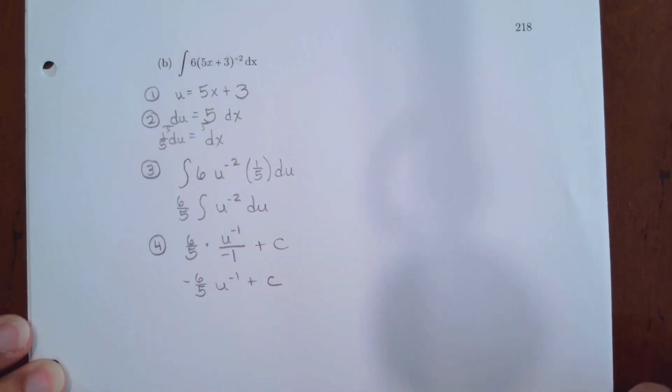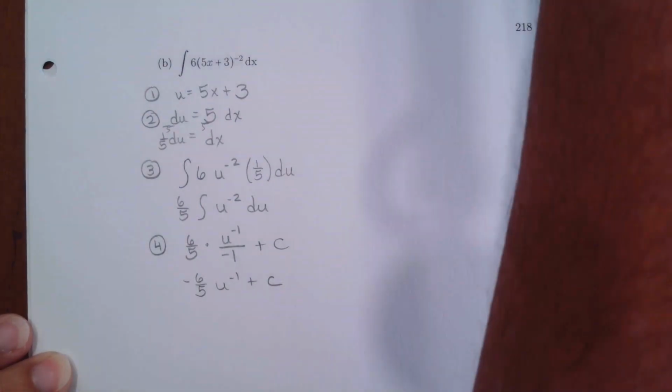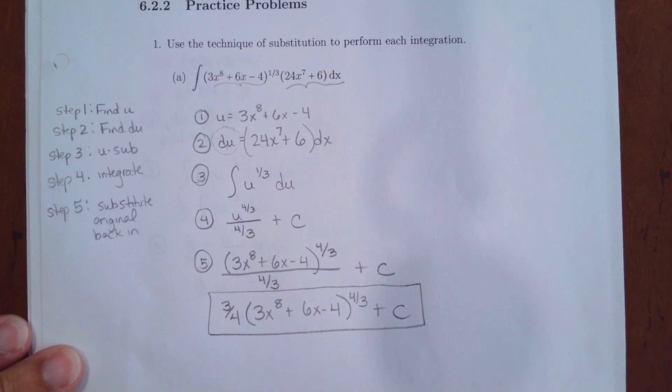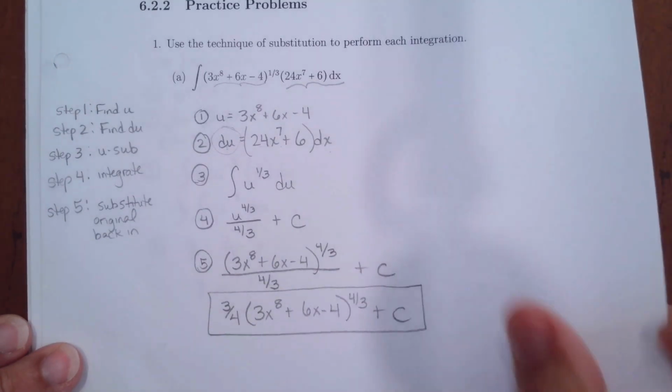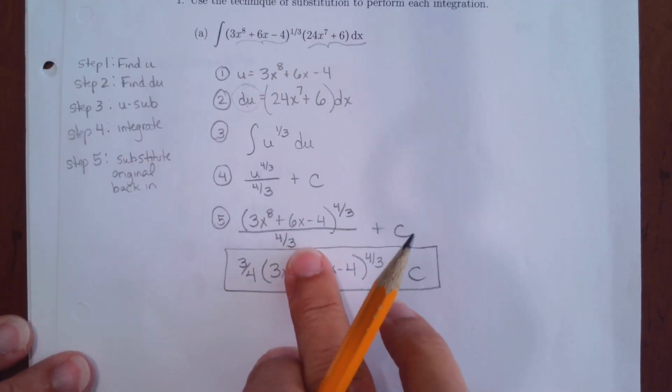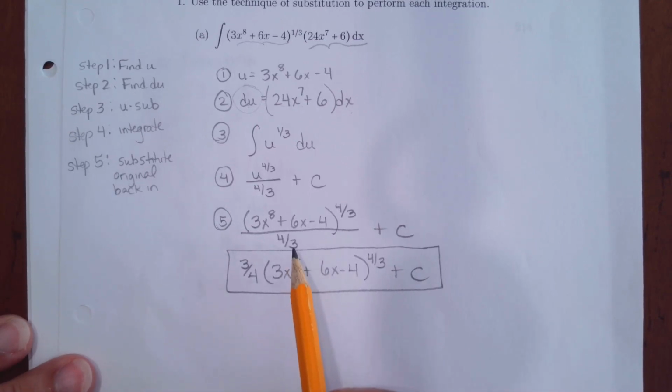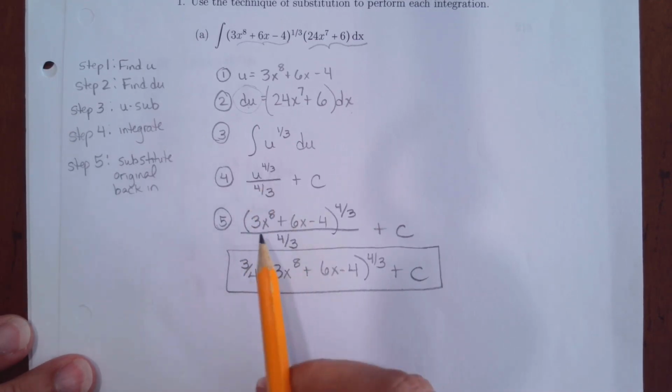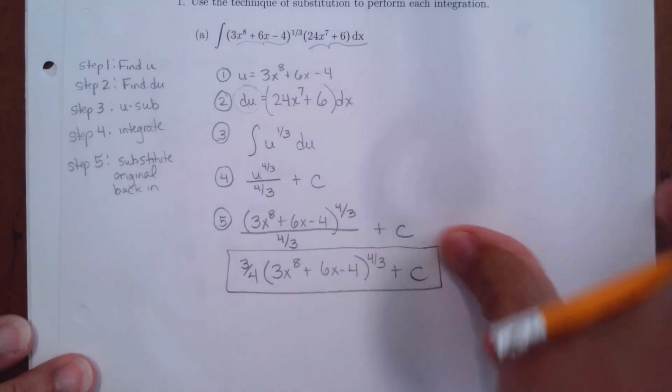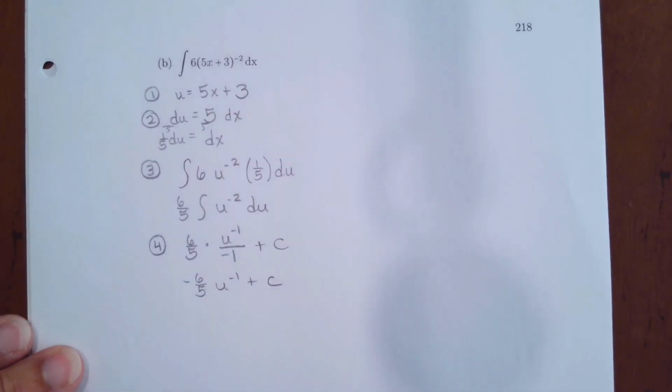Okay, so simplifying it. Now, on the last problem, just want to let you know, I substituted in and then I simplified. It doesn't really matter. You could sub in and simplify. I typically would have written 3/4 u to the 4/3 and then substituted that in, but it comes out the same either way you do it.